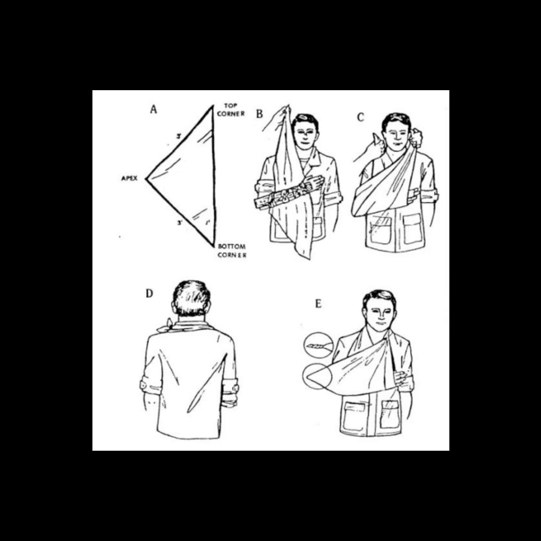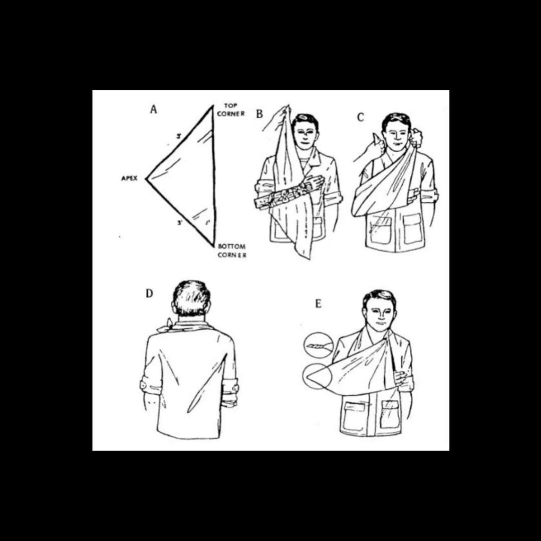The elbow should be inside the sling. 5. Bring the top corner behind the casualty's neck.